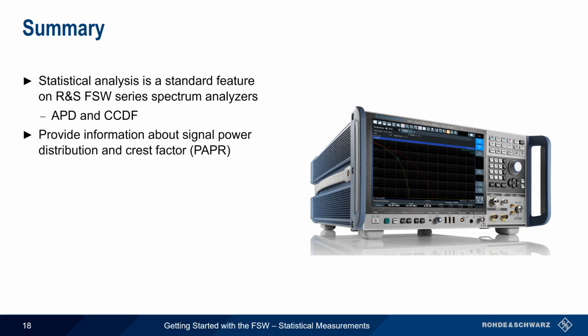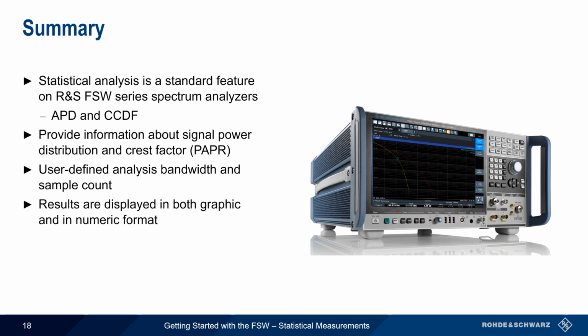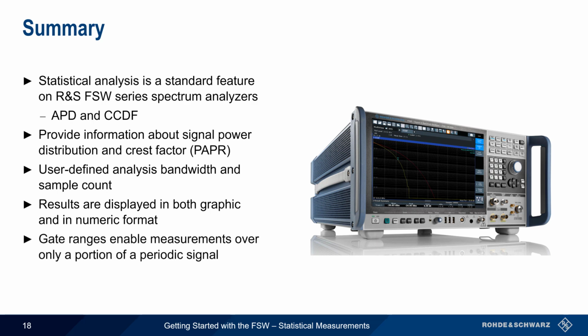These measurements provide information about the distribution of signal power, as well as the burstiness of the signal, that is the crest factor or peak-to-average power ratio. Configuring these measurements is very straightforward. The user simply provides the analysis bandwidth and sample count, and the results are displayed both graphically and as numeric values. And finally, gate ranges can be used to make statistical measurements only over a portion of a periodic signal.